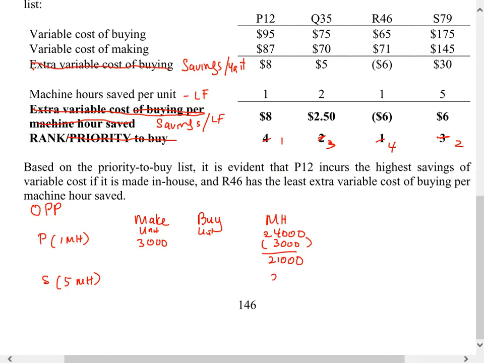Not enough? $4,200, so we make another 300.